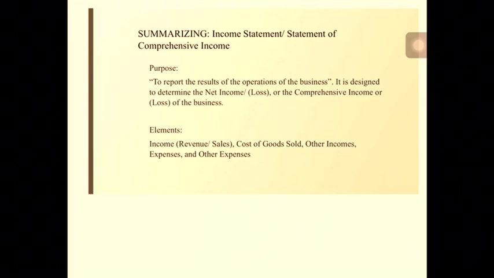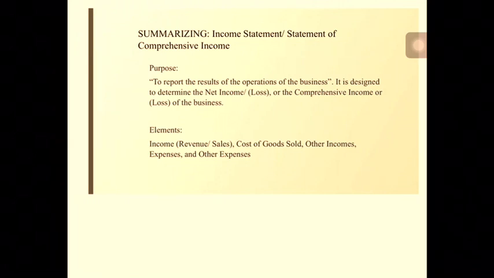If it is a service type of business, then we call the income of that business as revenue. If the business is a merchandising or a manufacturing type of business, then its income is reflected in the report as sales.